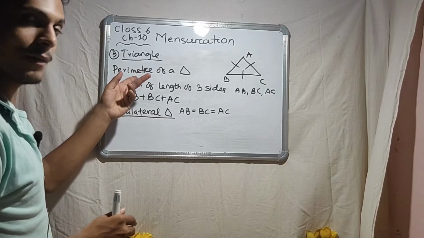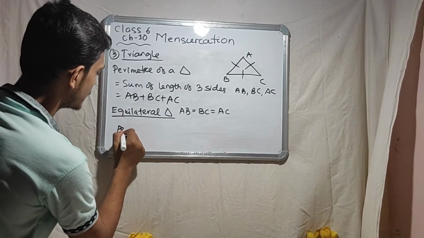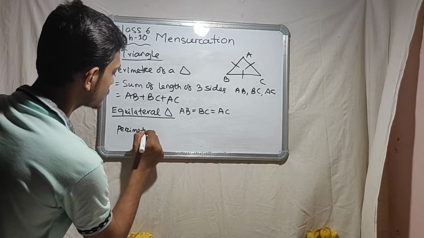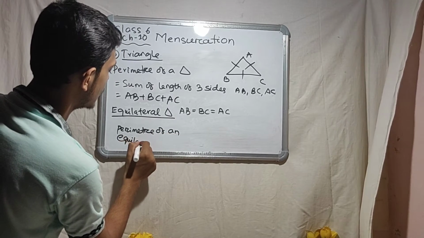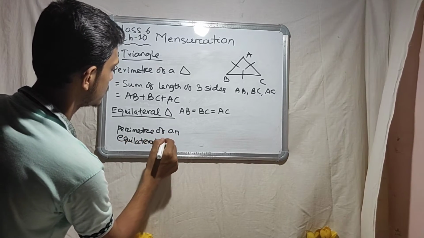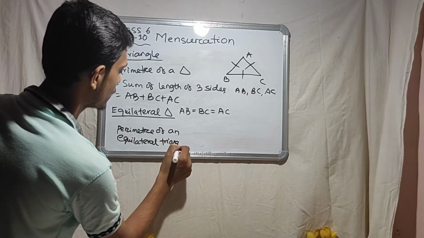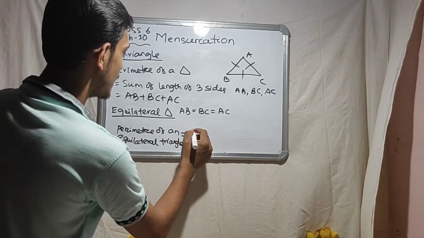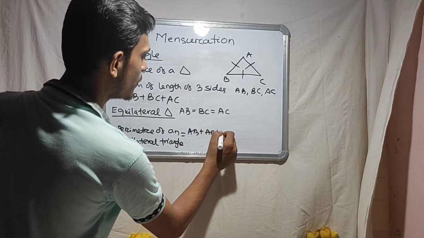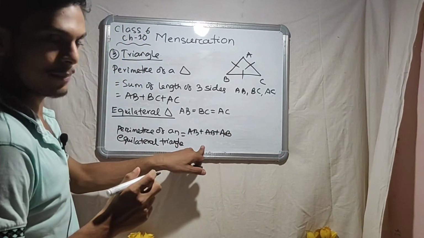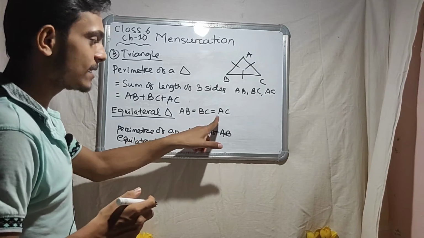So what is the formula for perimeter? The perimeter of an equilateral triangle is how much? That is AB plus AB plus AB. Yes or no? Because all the sides are equal, I have taken here AB. You can also take BC or AC.